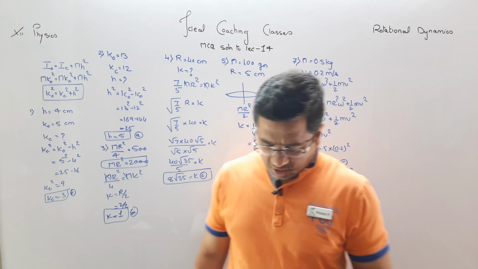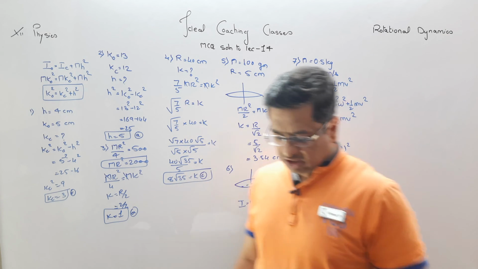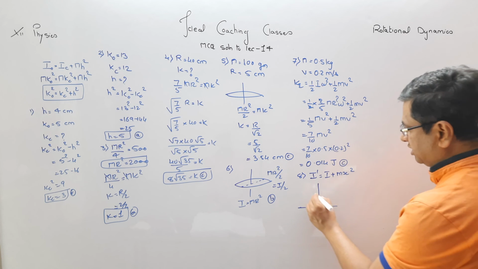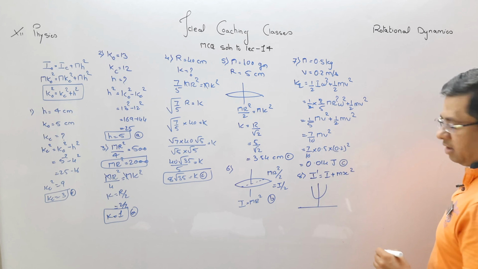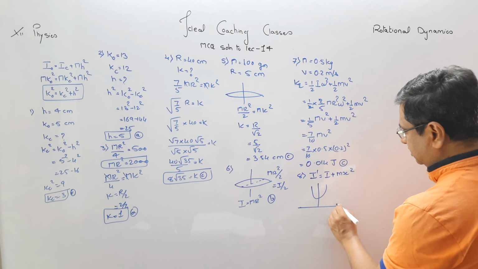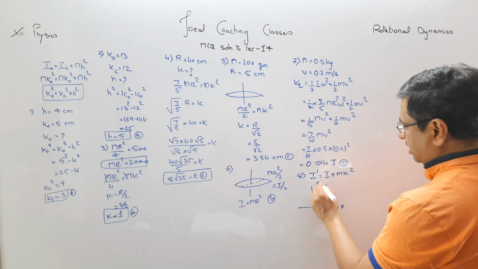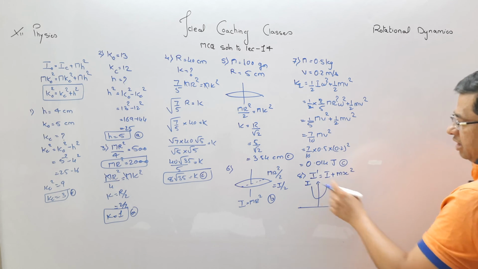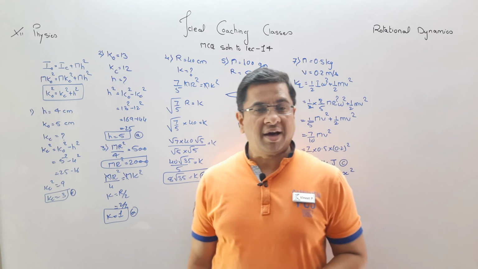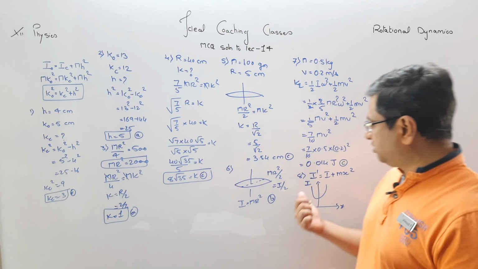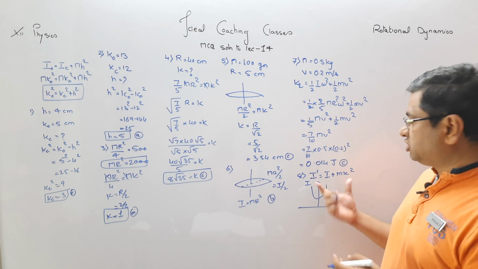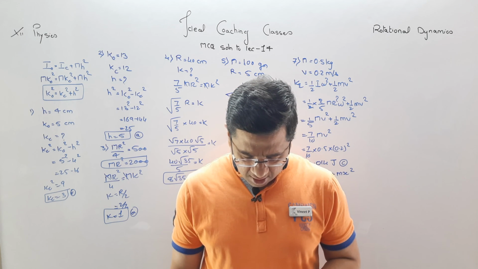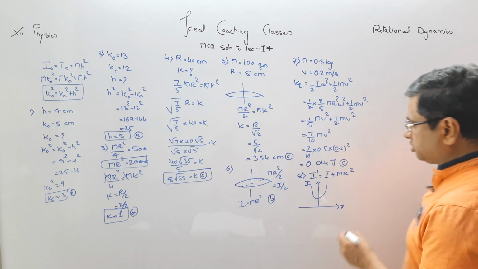Okay, मुझे I और x का relation चाहिए. So obviously the graph will be something like this. On the x axis this is x and this is I. The new I will be I plus mx square. ये this is what we call a parabola, displaced parabola because of this I factor. This is the principle of parallel axis. जवाब कौन सा है? जवाब है D, fourth option.